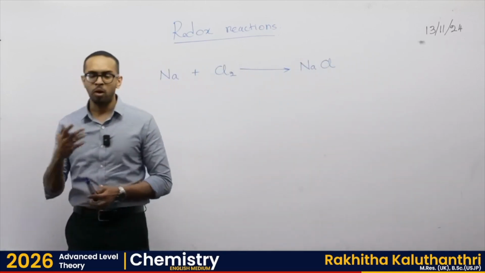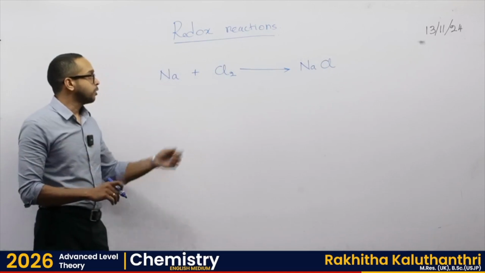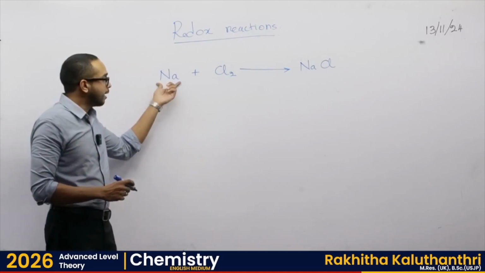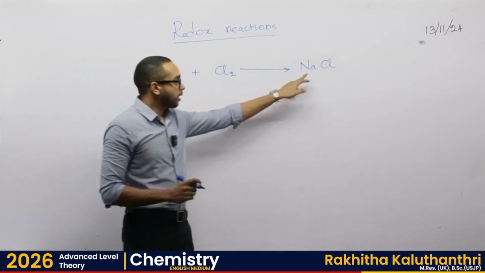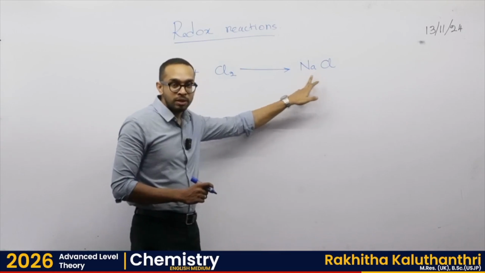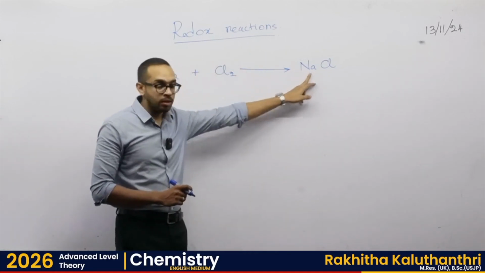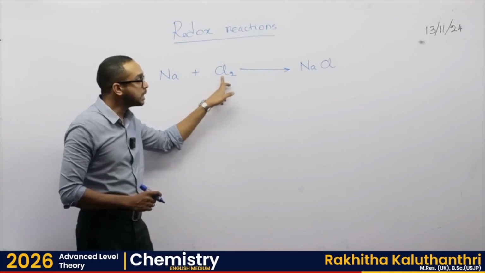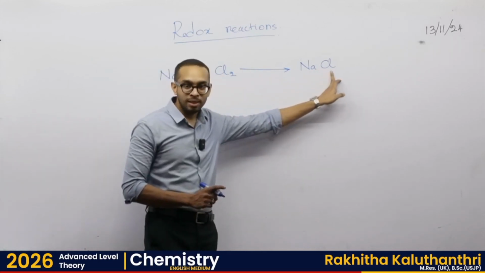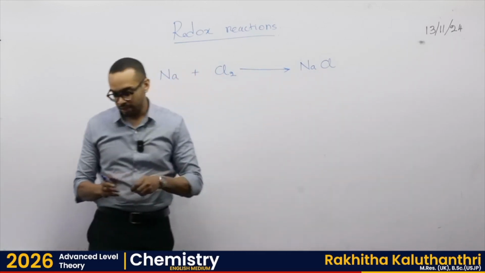So before we move on into that, you have to understand, here we have sodium. Here we have sodium in a compound. This is sodium element. This is sodium in a compound. Here we have chlorine element. Here chlorine in a compound. 2 different things.